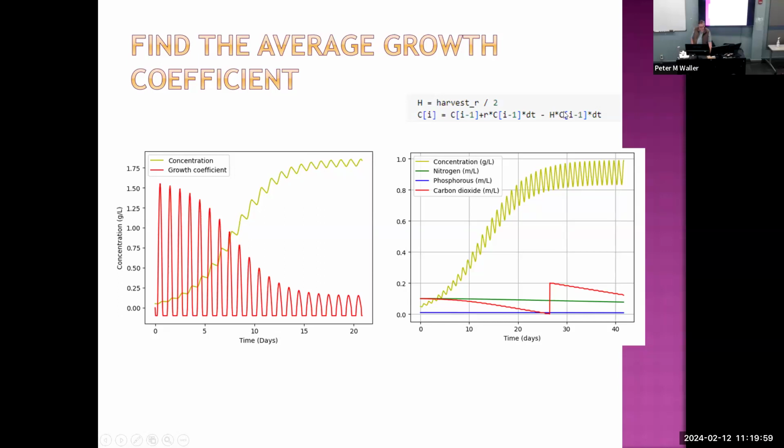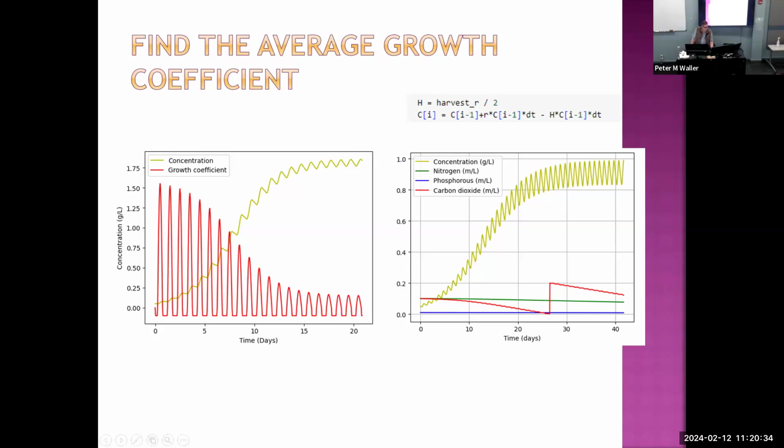And then just like you did in the harvest homework, you're going to add this term to your Euler equation. Okay. And notice that when we add harvest, our concentration is in the range of 0.9 instead of 1.8. And that agrees with the theory. Remember, if we harvest at half of R, then our concentration is going to be half of the environmental carrying capacity. That's just how it works out.